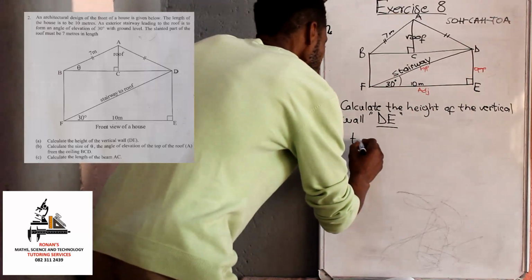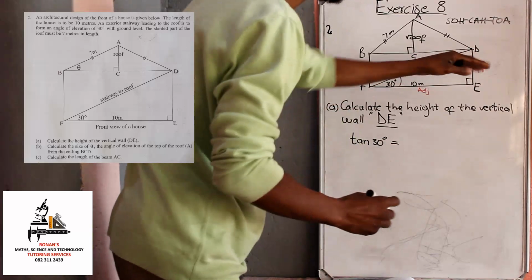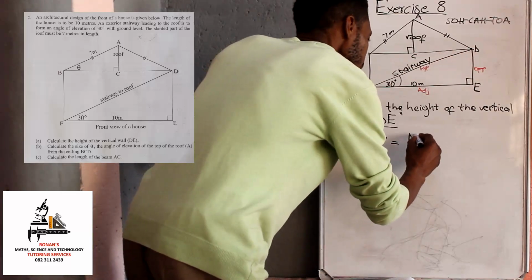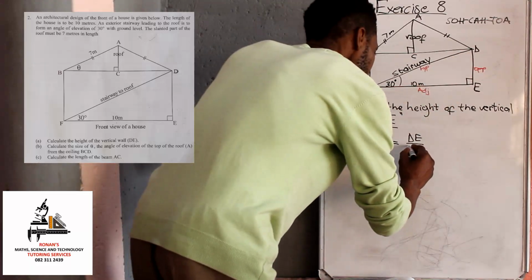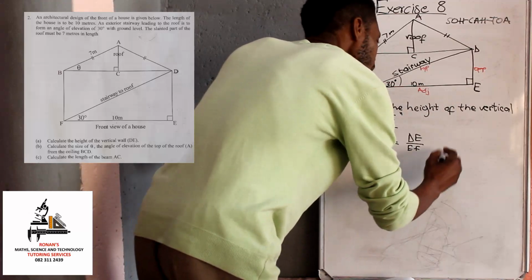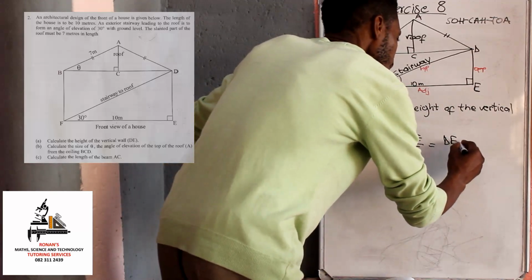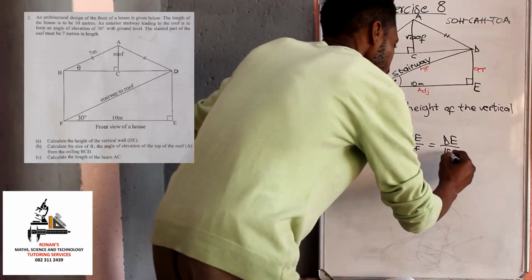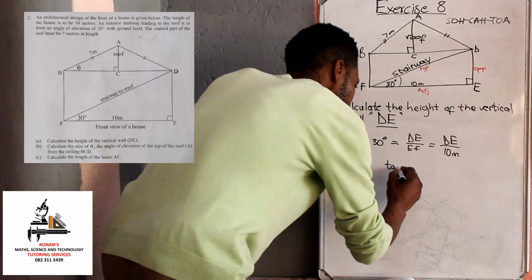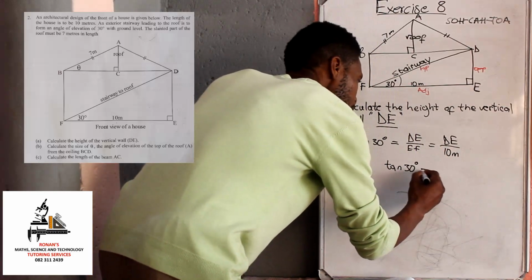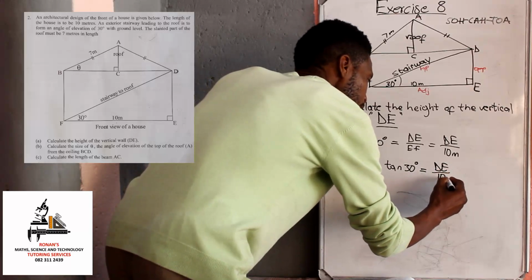So that means tan 30 degrees will be equal to the opposite side, which is DE, over the adjacent side, which is EF. By substitution, EF being 10 meters, tan 30 degrees is equal to DE over 10 meters.